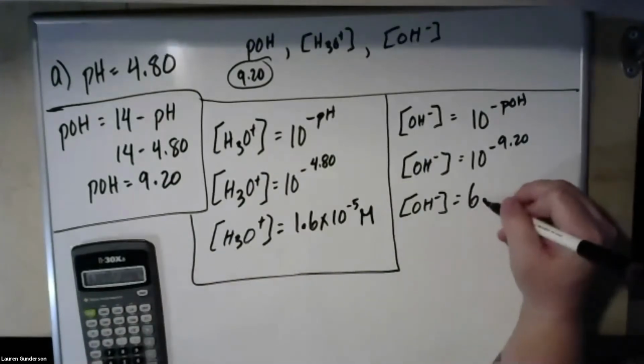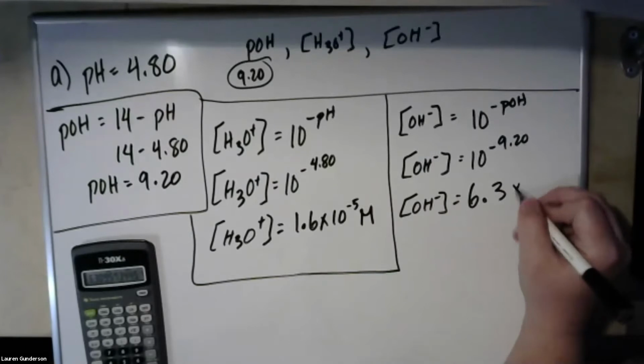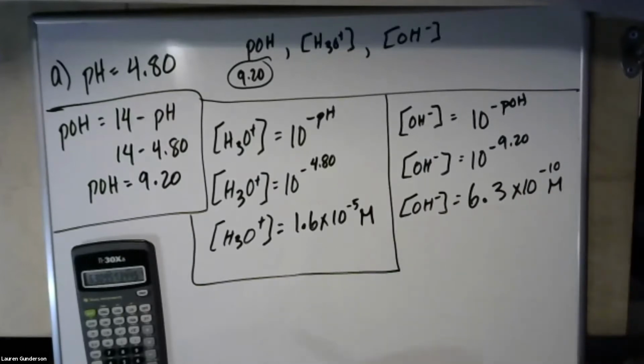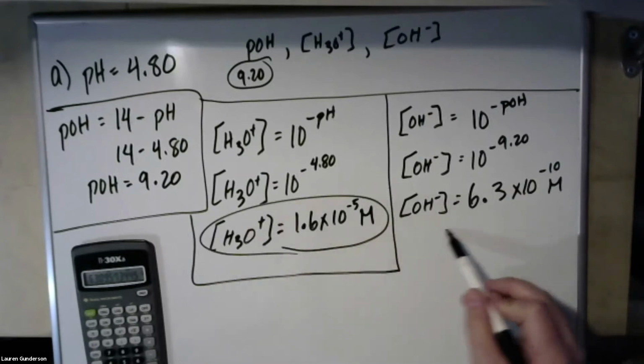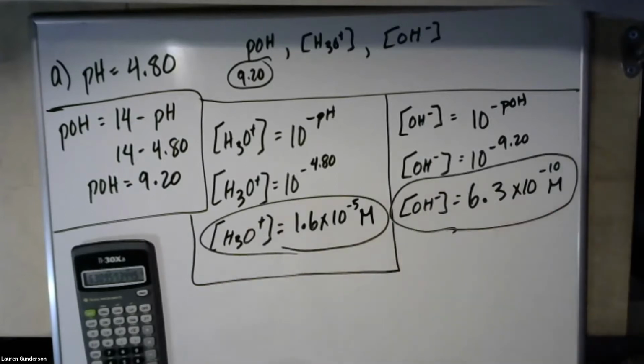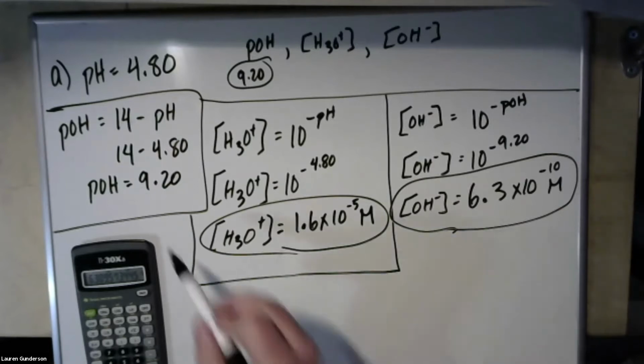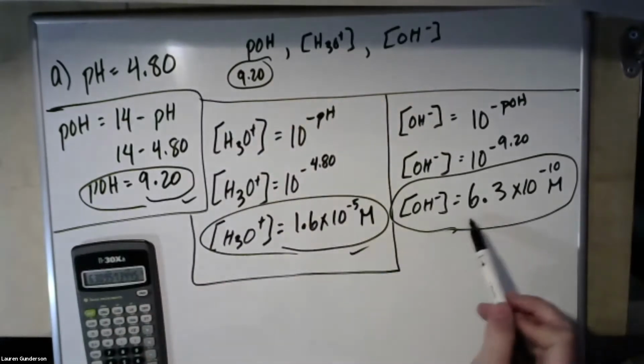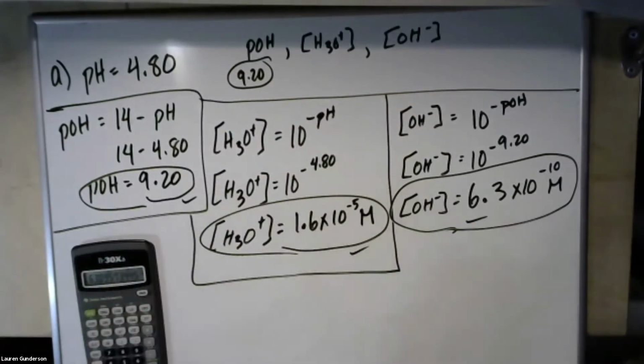And we get a hydroxide ion concentration of 6.3 times 10 to the negative 10. Okay. So see all that information that we can find just from this one piece of information. We were able to find all three of these pieces of information.